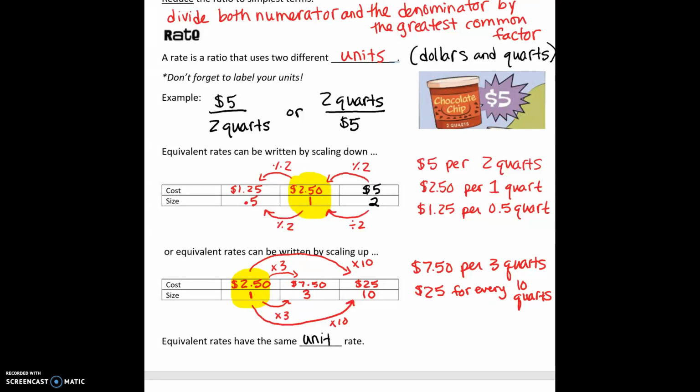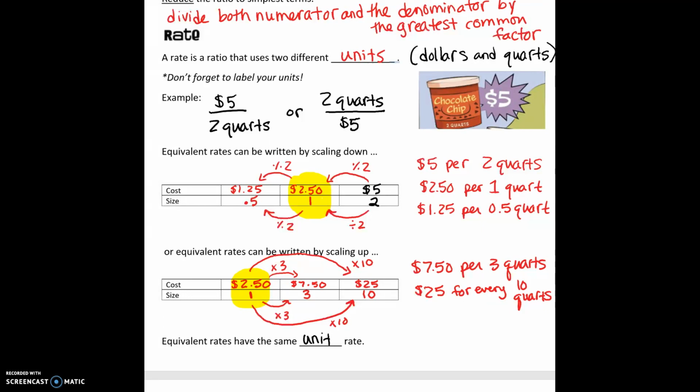So if I need to find a unit rate where one of these numbers is 1, I'll get the same unit rate no matter which of these equivalent rates that I start with.